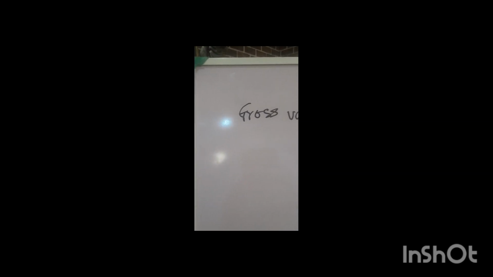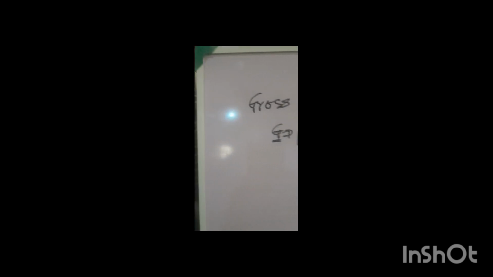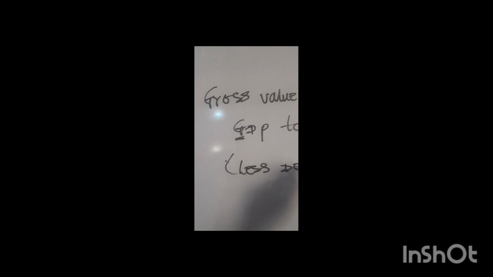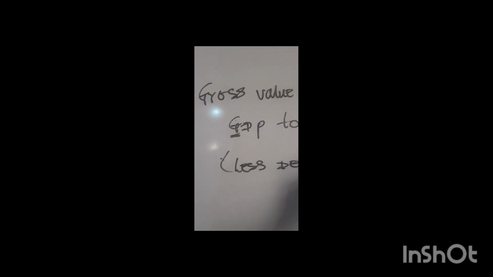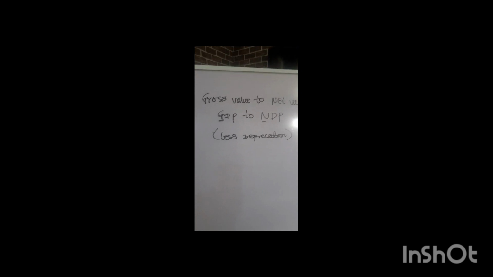If for example we are asked to convert from GDP value to NDP value, that is, from its gross form to the net form, we simply take the action: less depreciation.